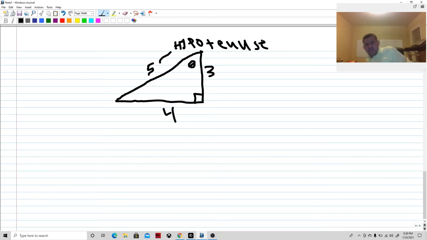So we will use the hypotenuse and all these numbers to find the ratio of each function.